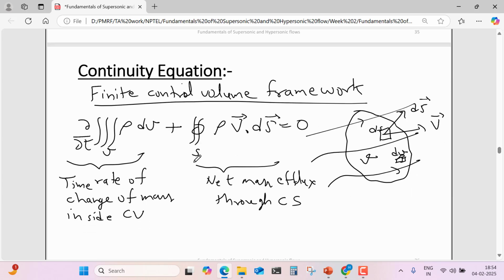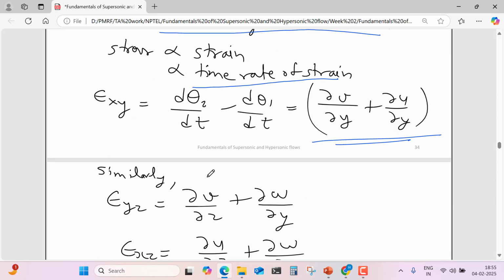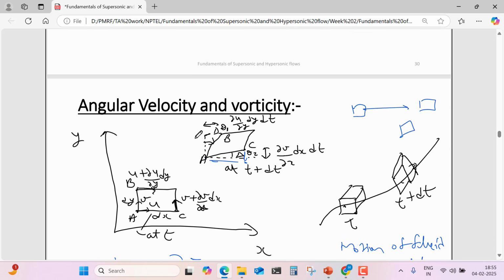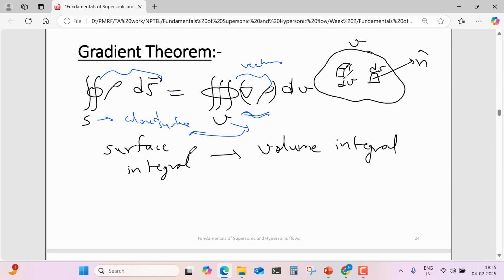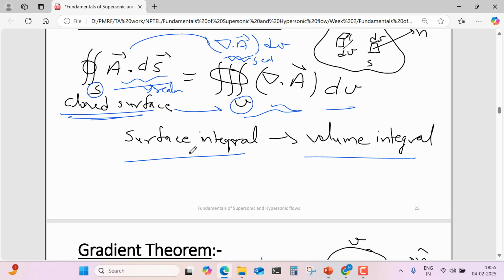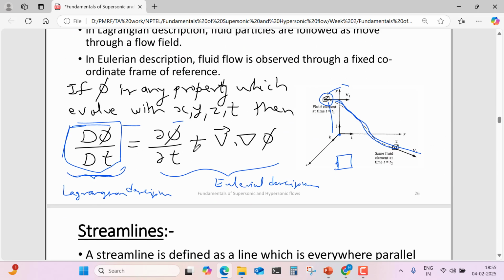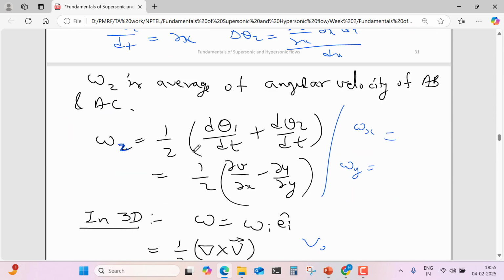Now we will see the governing equations, the Navier-Stokes equations. First is the continuity equation. We have seen that there are two frameworks of finding the flow.